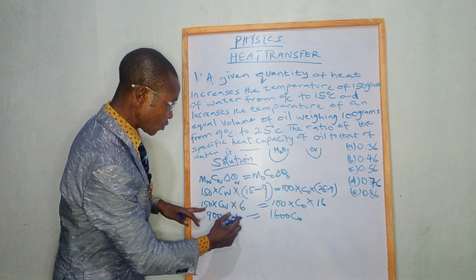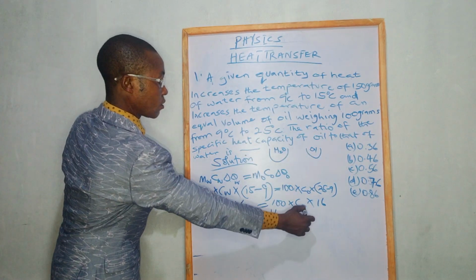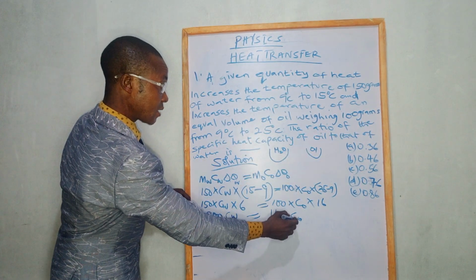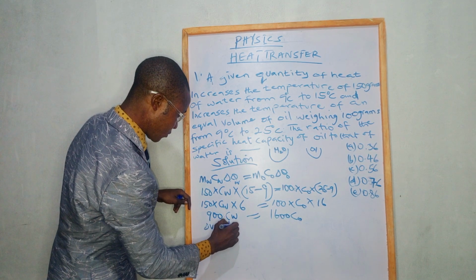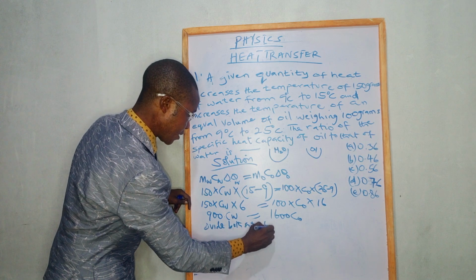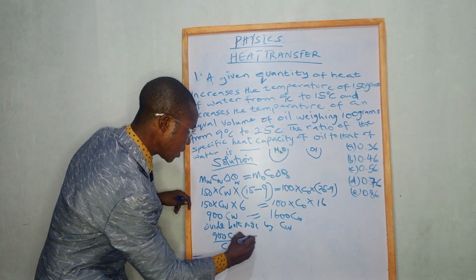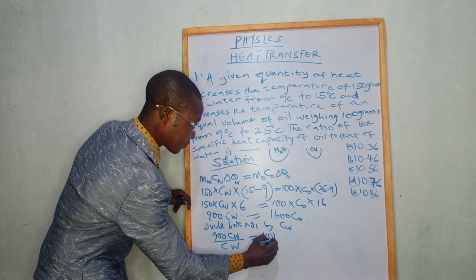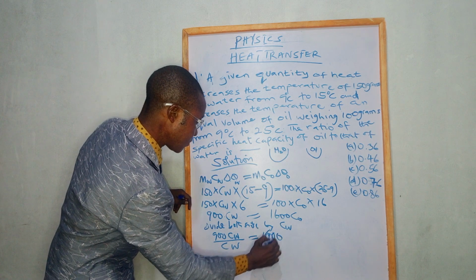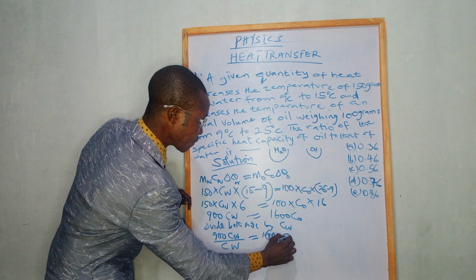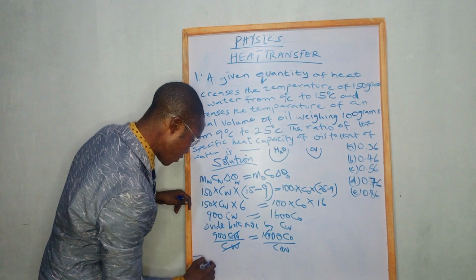Following the arrangement we have here, you divide both sides by Cw. We have 900 Cw over Cw is equal to 1600 Co over Cw. This Cw cancels each other.